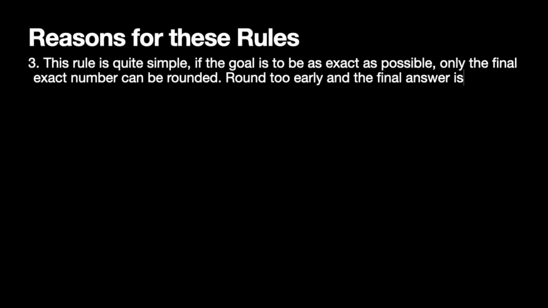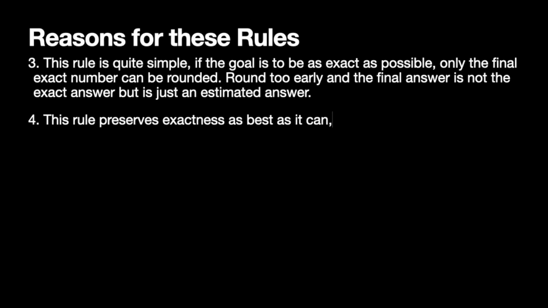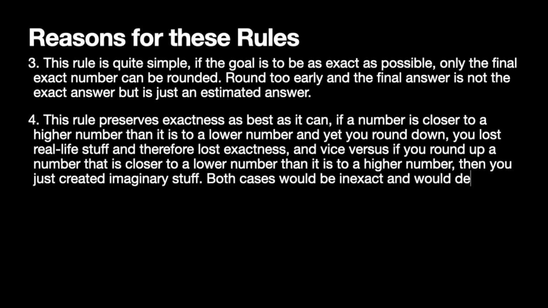3. This rule is quite simple. If the goal is to be as exact as possible, only the final exact number can be rounded. Round too early, and the final answer is not the exact answer, but just an estimated answer. 4. This rule preserves exactness as best as it can.